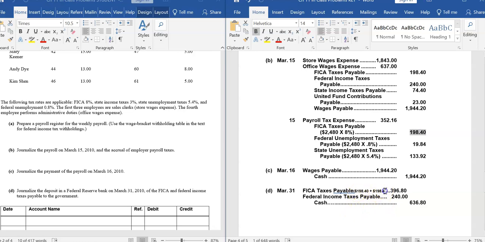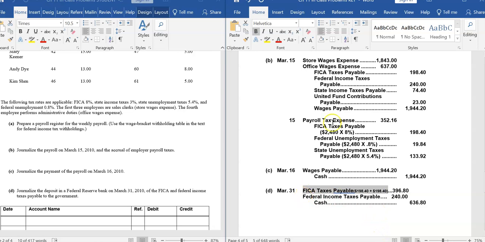And so that will simply involve a debit to both those liabilities, the amount that they recorded for the employee plus what they recorded for the employer. Total liability that needs to be paid is $396.80.